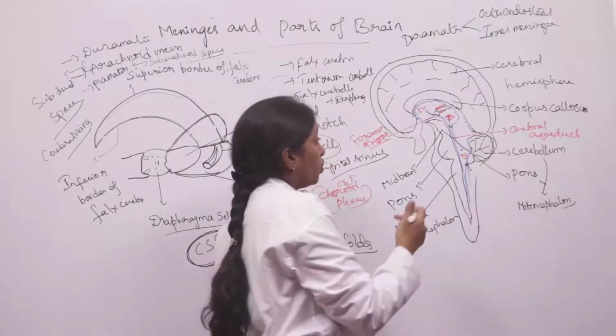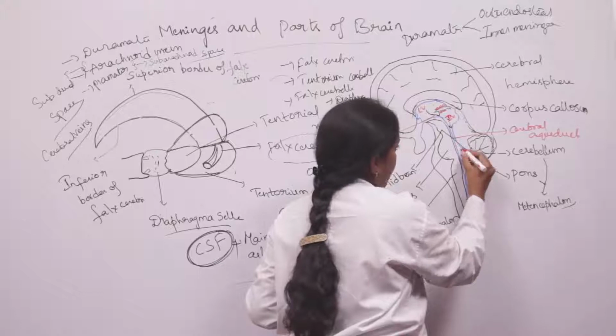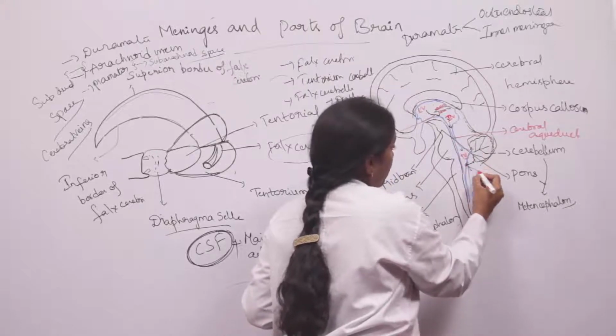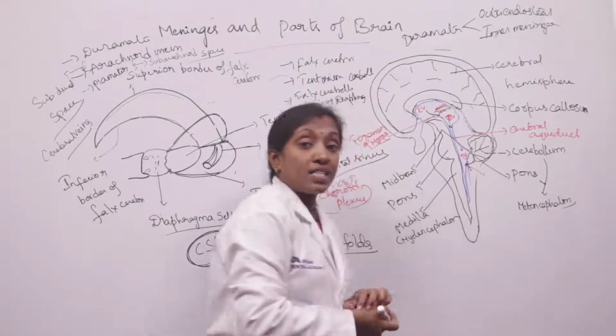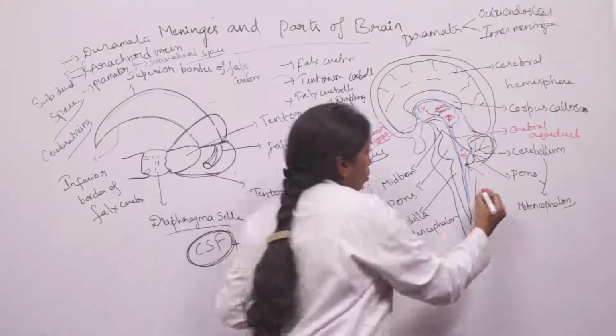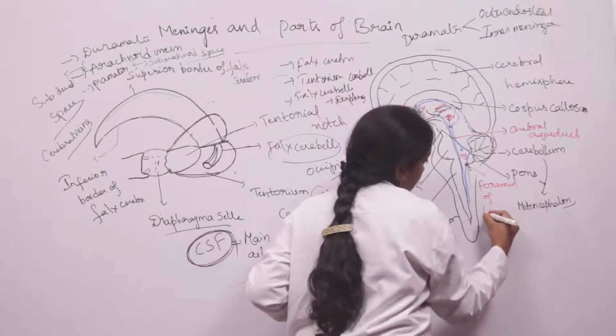Here, the foramen of Magendie and the foramen of Luschka are present. The foramen of Magendie is the median aperture, and from the fourth ventricle the CSF enters the subarachnoid space.